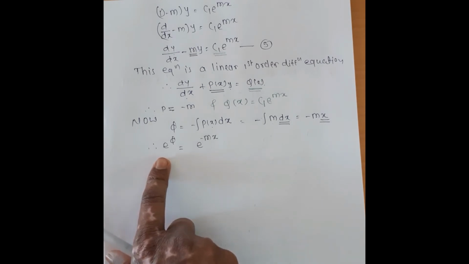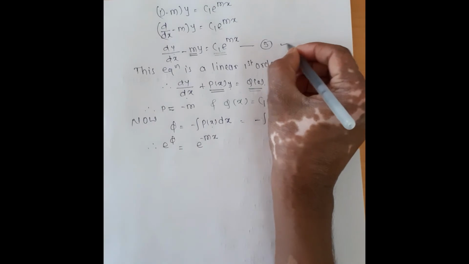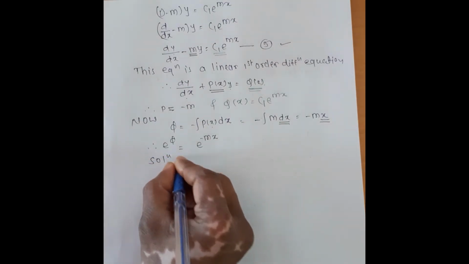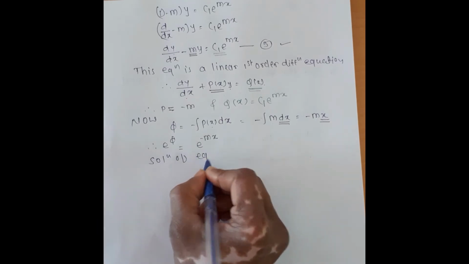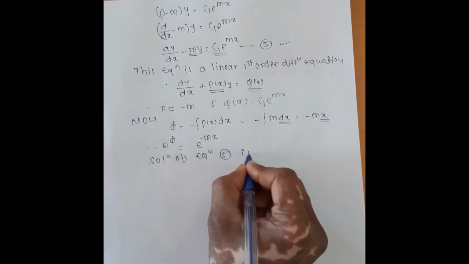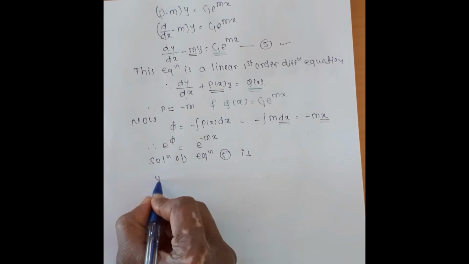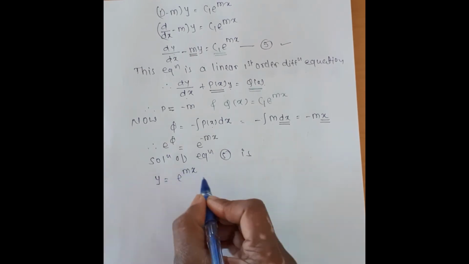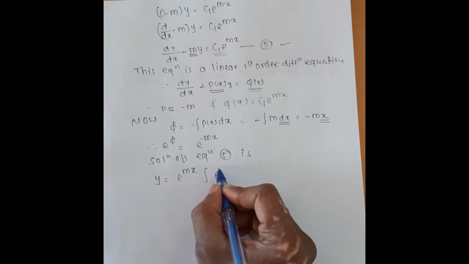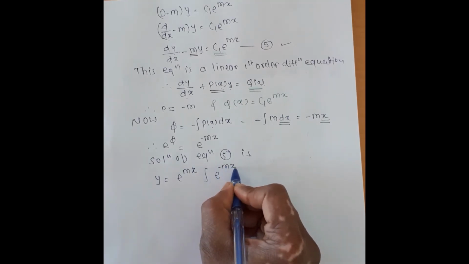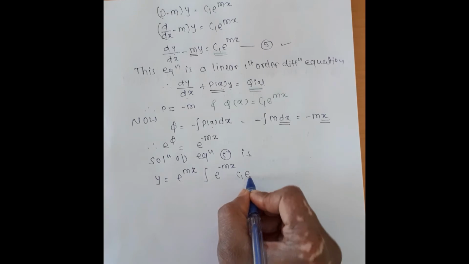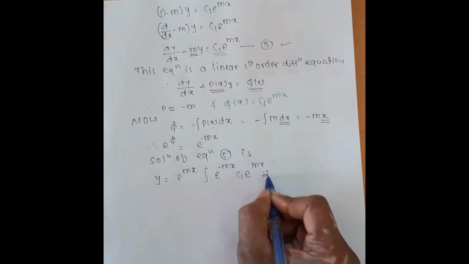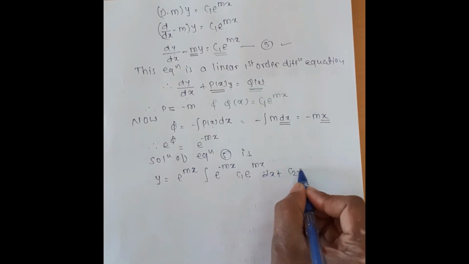So now the solution of equation 5 is y equal to e raised to mx into the integral of e raised to minus mx times c1 e raised to mx dx plus c2 e raised to mx.